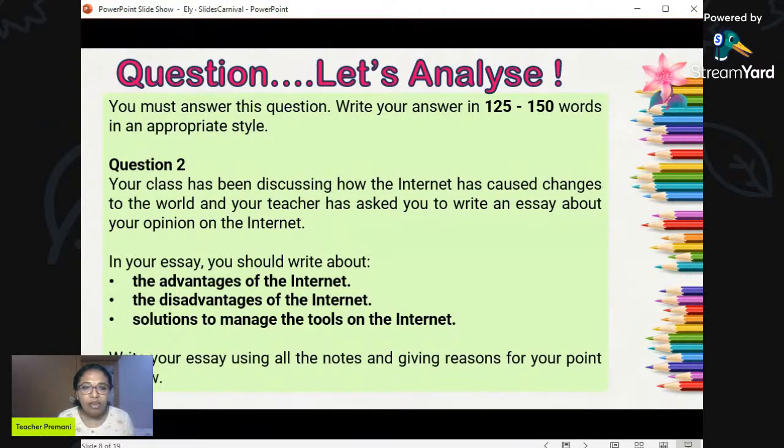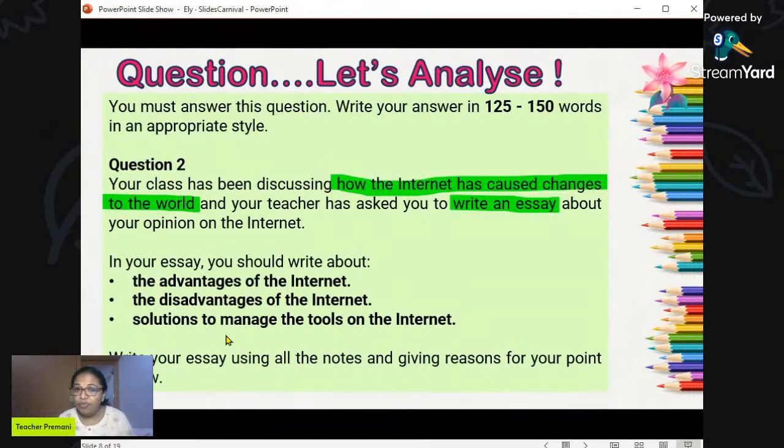Write your essay using all the notes and giving reasons for your point of view. So the style should be point of view. For all the advantages, you must include your point of view, the disadvantages also, and then solutions to manage the tools. Okay, let us go deeper into the question. I highlighted this as your topic: how the internet has caused changes to the world.